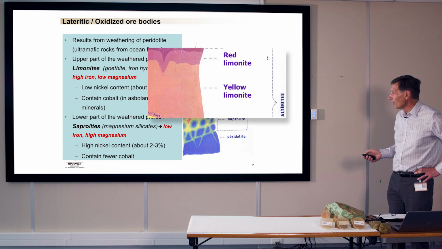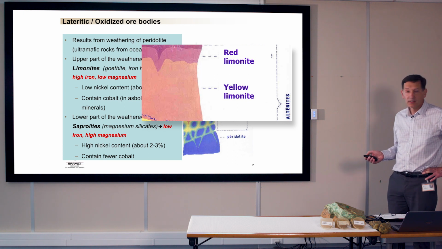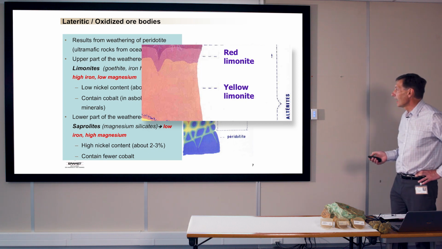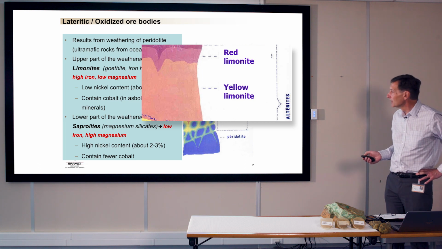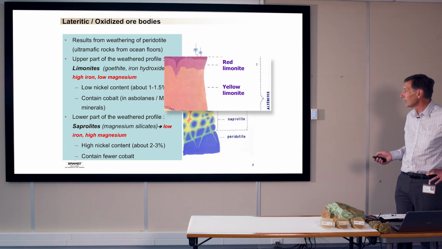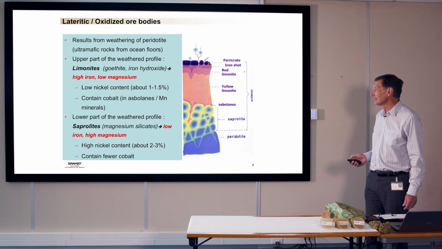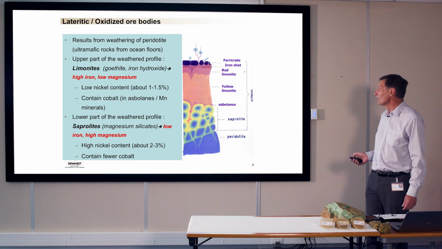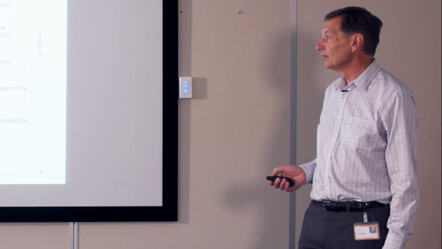On the upper part of this ore body remains only the iron, as goethite, an iron oxide, and this iron has caught some nickel, and you find about 1 to 1.5% nickel content in this kind of limonite. The other specification of the limonite is that it contains some cobalt, mainly in specific minerals called asbolan, a manganese mineral that catches some cobalt.